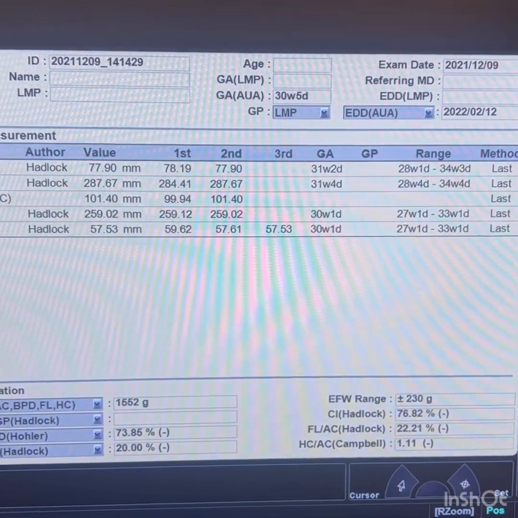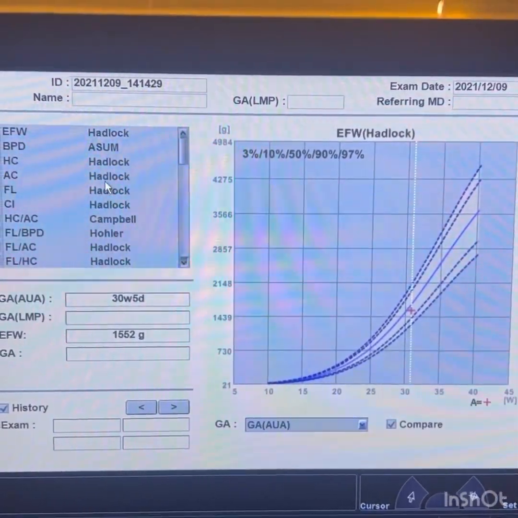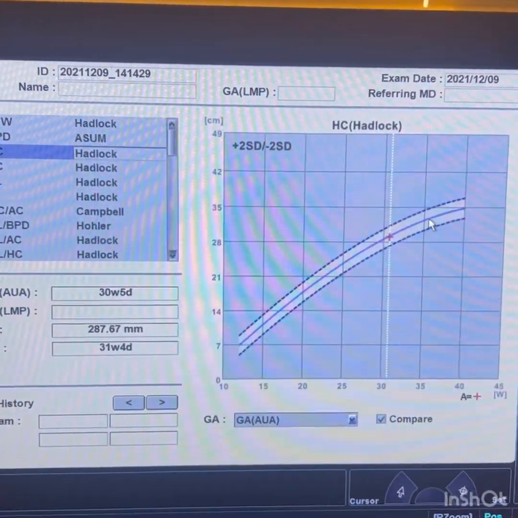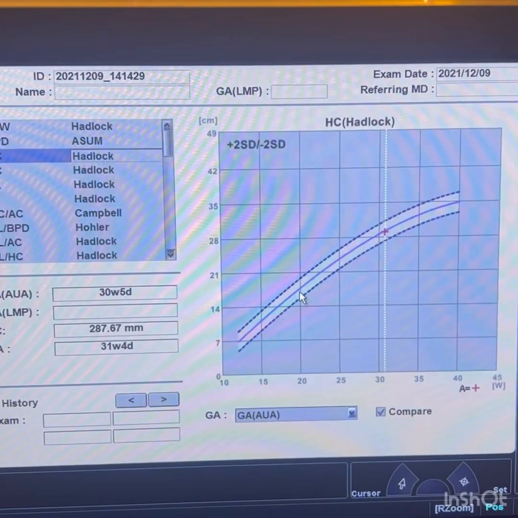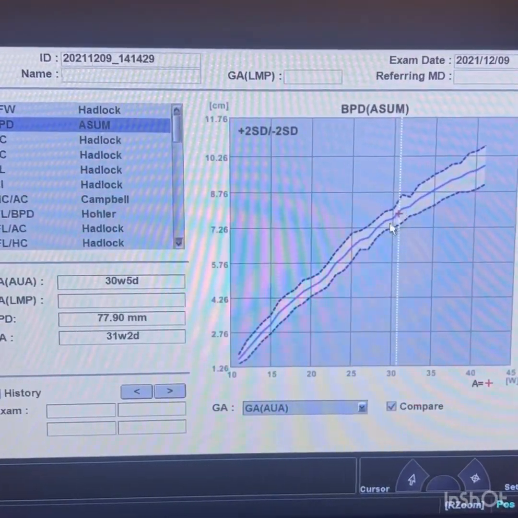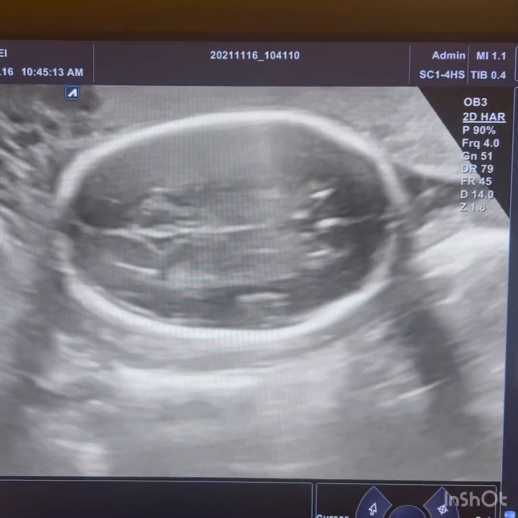In reviewing the charts, we can see both head circumference and biparietal diameter are in the normal range with no discrepancy to other measurements. Here is a fetus with dolichocephaly.